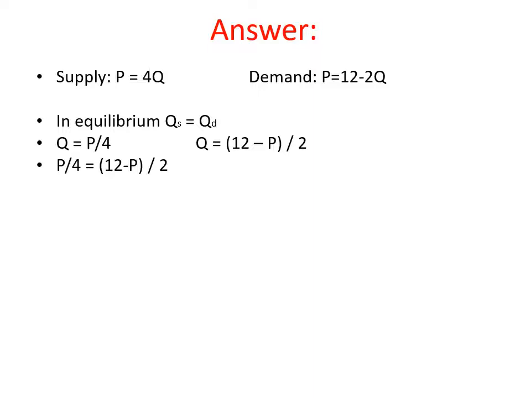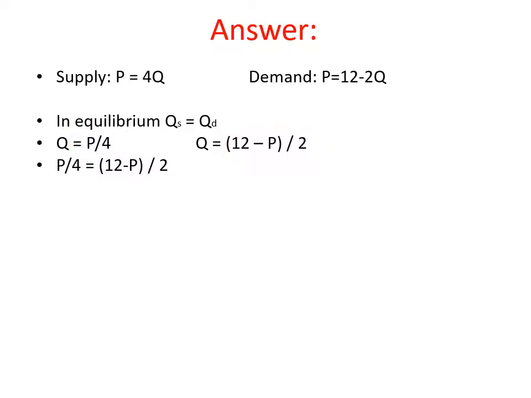And the demand is Q equals (12 minus P) divided by 2. We know that those two quantities are equal to each other, and that means that what they're equal to is equal to each other as well. So P over 4 has to also equal (12 minus P) over 2.